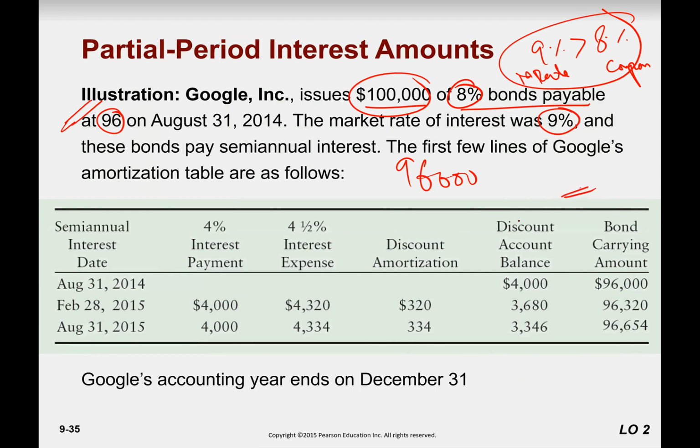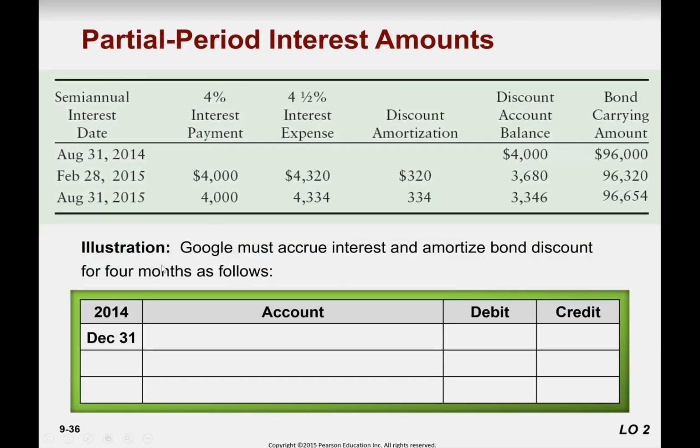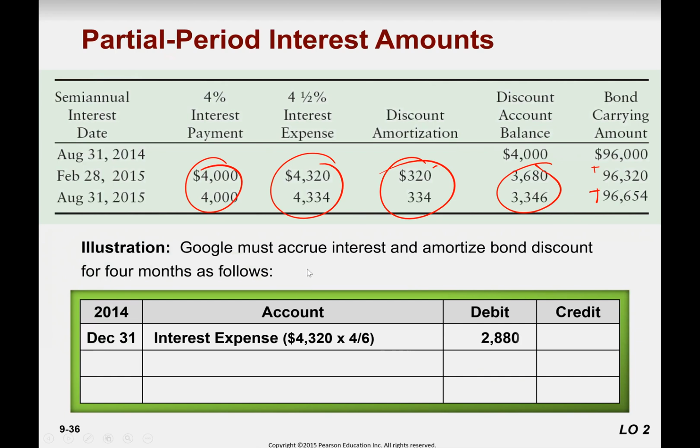All you need to do is record it, and how you record it is: you make the interest payment, interest expense, amortization. So this amortization is added here and decreased from the discount, right? So the entry would be on December 31st, interest expense to discount.